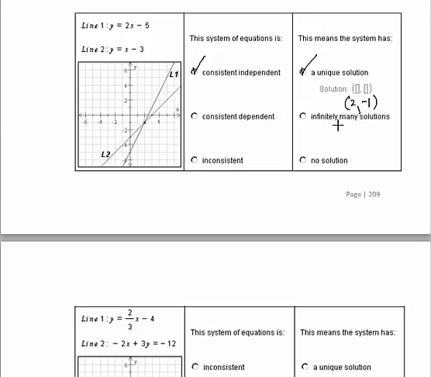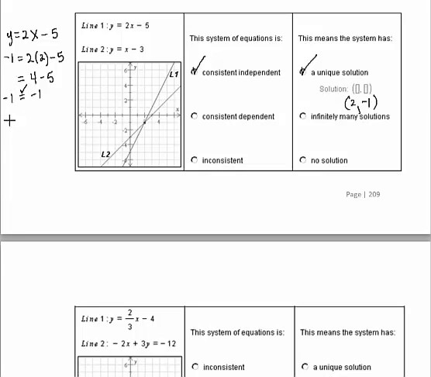If you ever want to check and make sure you have the right coordinates, simply go back to your equations and try out the x and y pair for each one. Y is negative 1, x is a 2. Do the two sides work out to equal one another? 2 times 2 is 4, and if we subtract 5, we do get a negative 1, which matches the left.